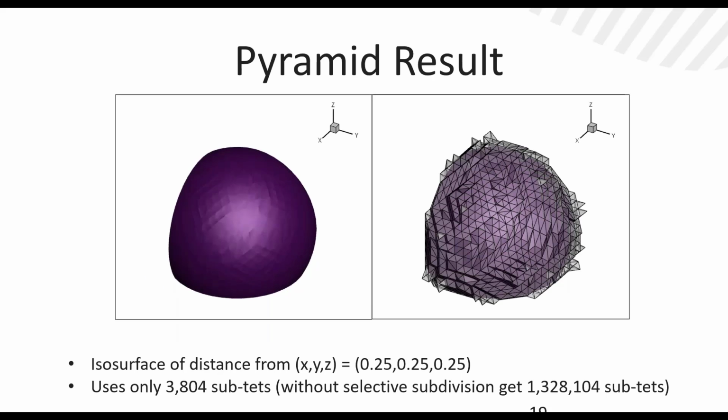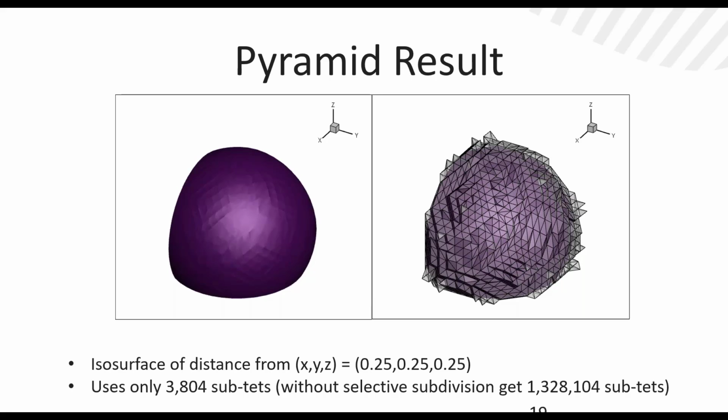Same function, in this case with pyramid, is shown here. So as I mentioned earlier, the pyramids subdivide into tets. So you can see on the right the actual set of subtets that are retained for this isosurface. And you can see how they're clustered right around the isosurface.